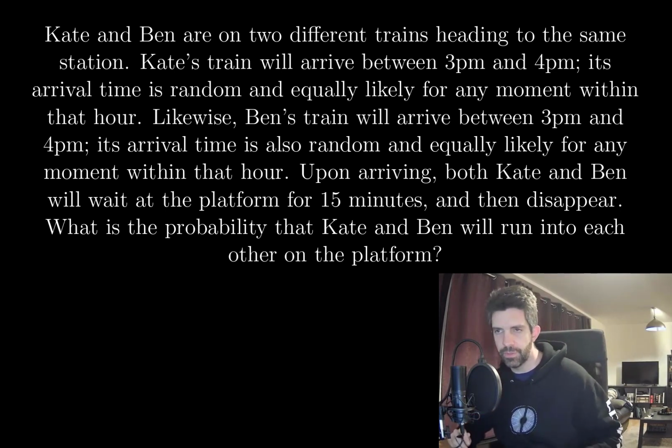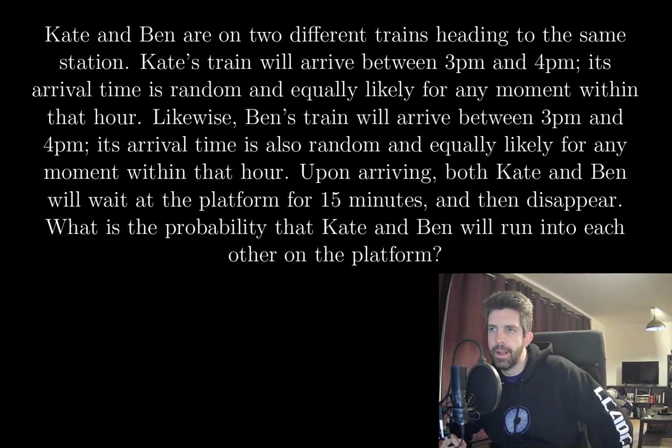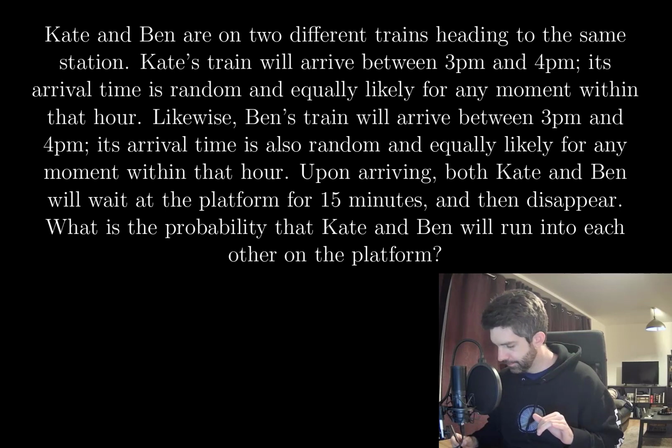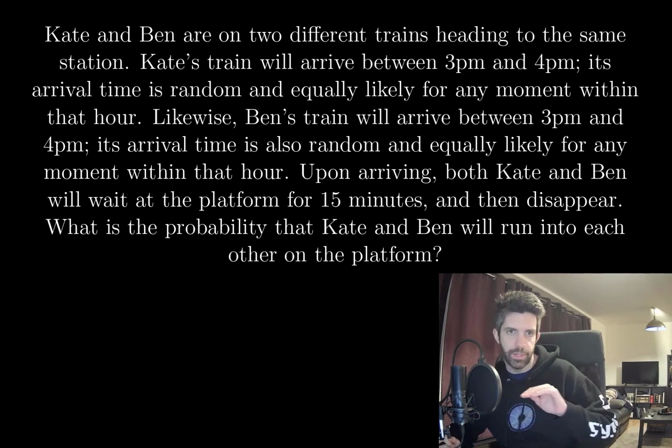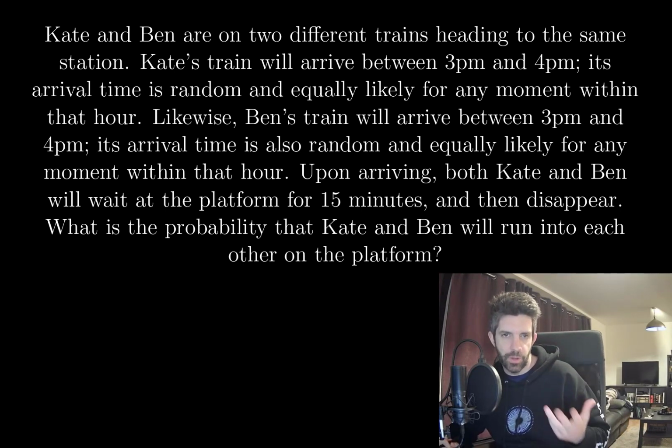So I think the best way to figure this one out is to draw a square to represent the unit interval on one axis and the unit interval on the other. And based on what's given in the problem, try and figure out which points correspond to them successfully meeting.